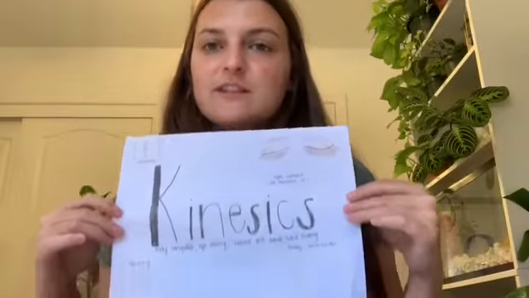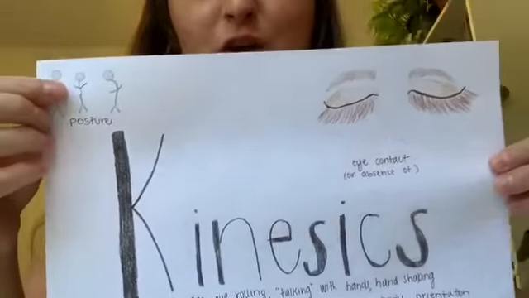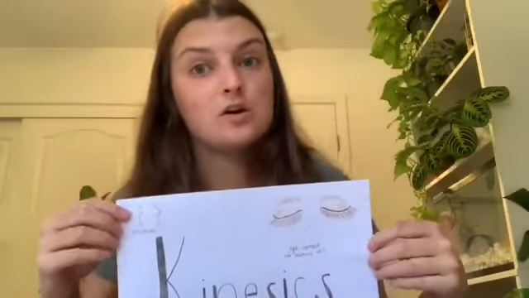First, I have this visual, which is explaining some different aspects of kinesics. So here we have posture. This would also include body orientation. For example, if I'm having a conversation, let's say I'm in a job interview. If my posture is really bent over, my shoulders are shrugged in, it probably shows that I'm not interested or I don't care.